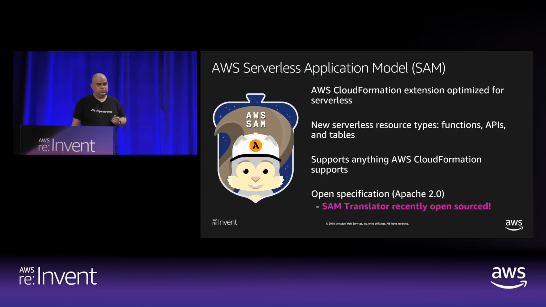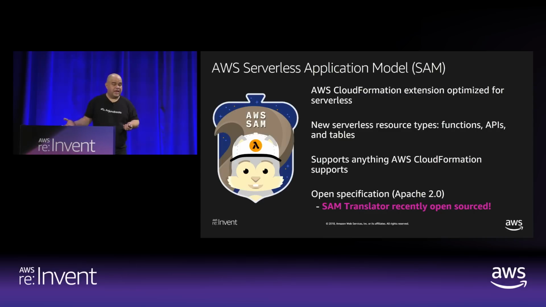With some of these serverless resource types, and you use AWS::Serverless::Function, a lot of these things are generated for you. And beyond that, it supports anything that CloudFormation supports. It's been open sourced. The translator has been recently open sourced. But SAM is mature in the sense that it's been available for a couple of years.